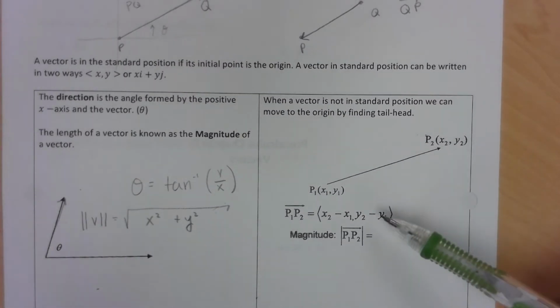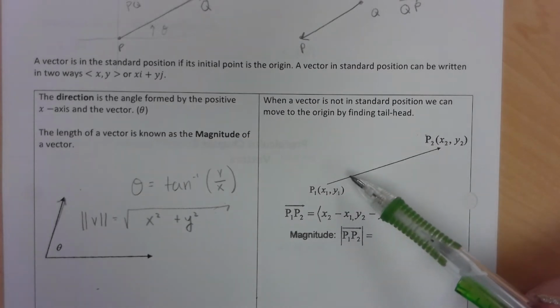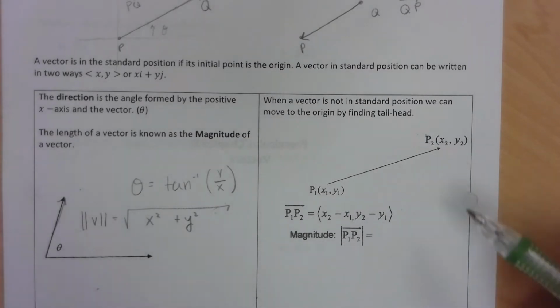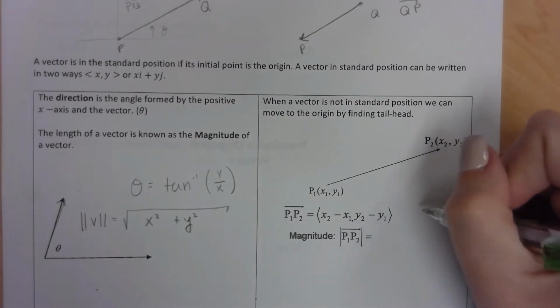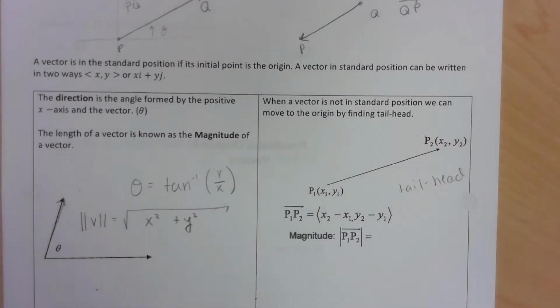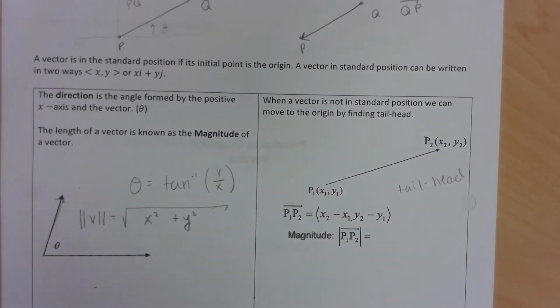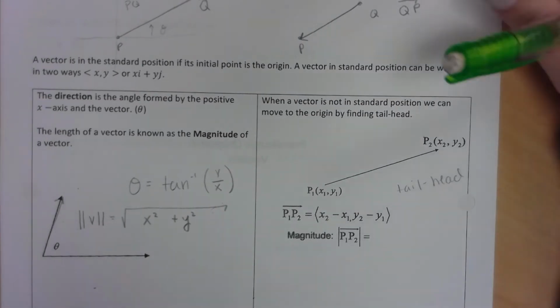Then in order to move it to the origin and write it in standard position, we have to do the tail minus the head. Okay, so the terminal point minus the initial point, okay? And then you would find the magnitude the same way as the square root of x squared plus y squared. We just have to move it into standard position first.